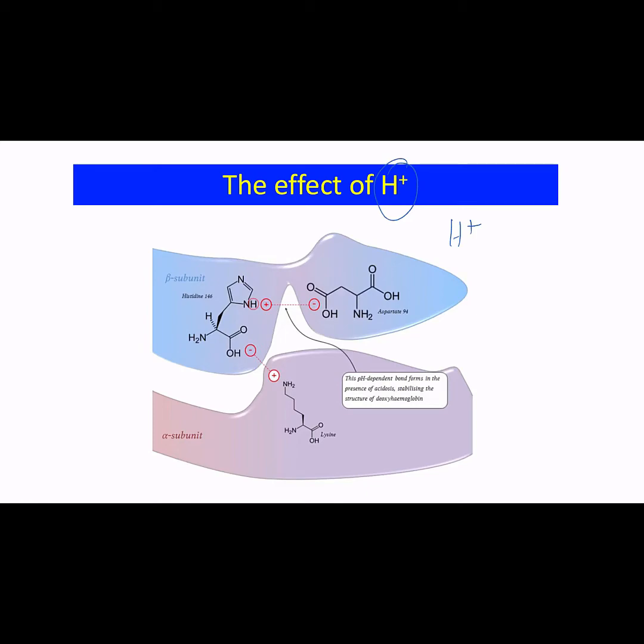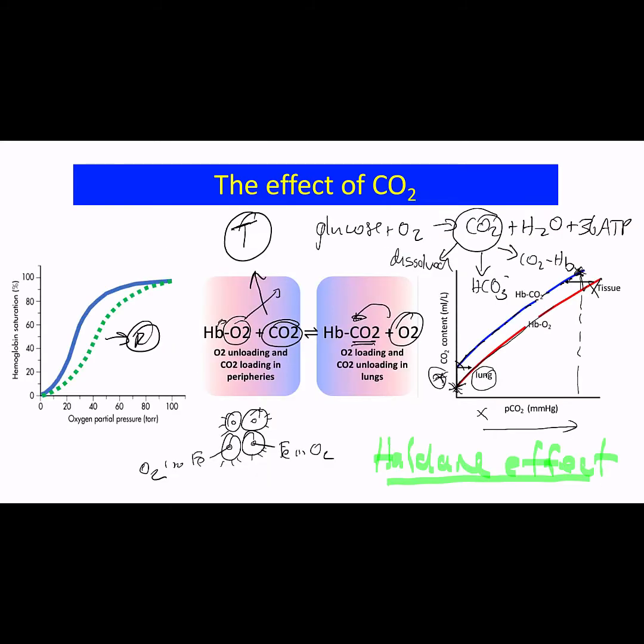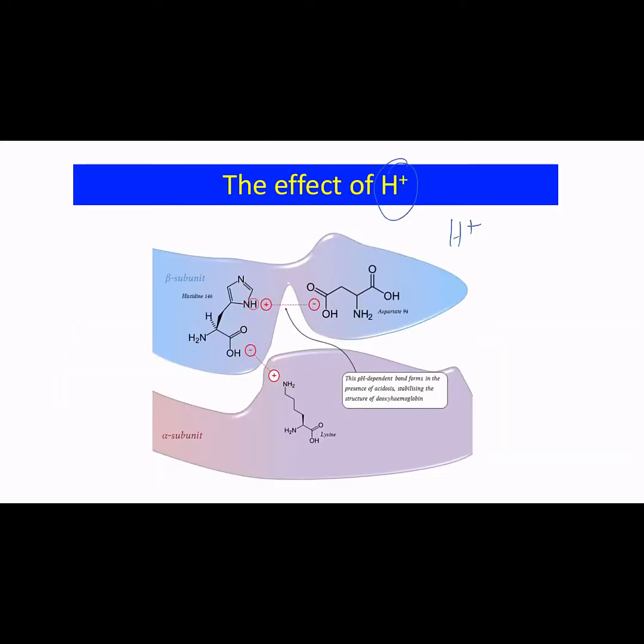And by changing the proton concentration in the environment around it, it follows that it's going to break these bridges or salt bridges that have formed. So by changing the structure of the protein, what hydrogen ions do, or acidity in the form of pH, is it favors the tense state. So this is called the Bohr effect.